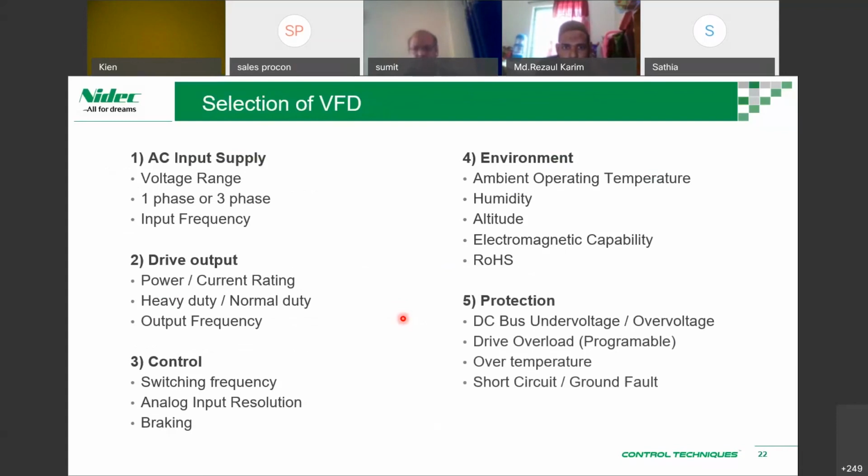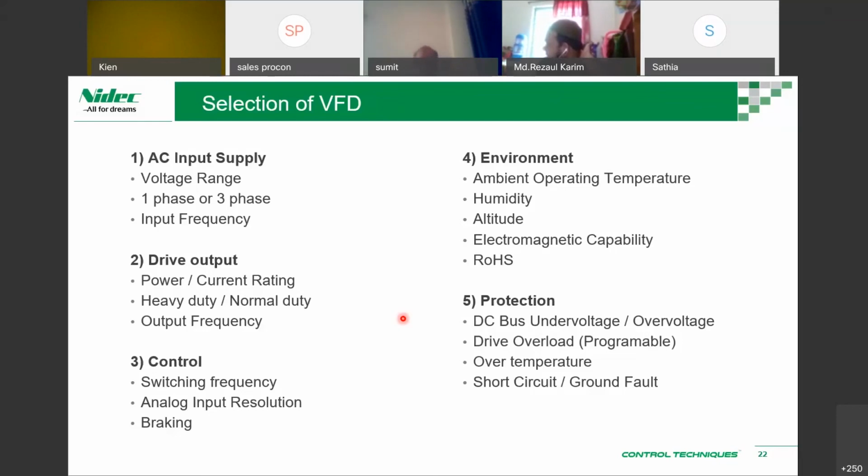So what we look at is the voltage range, single phase, and so on. Drive outputs: what is the power rating, what is the current rating, whether it's heavy duty or normal duty. Heavy duty is pretty much a high starting torque application.